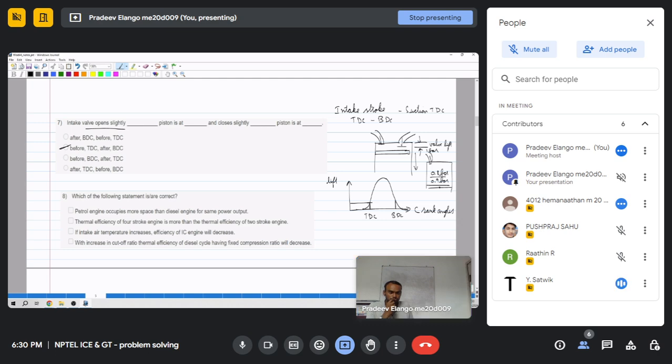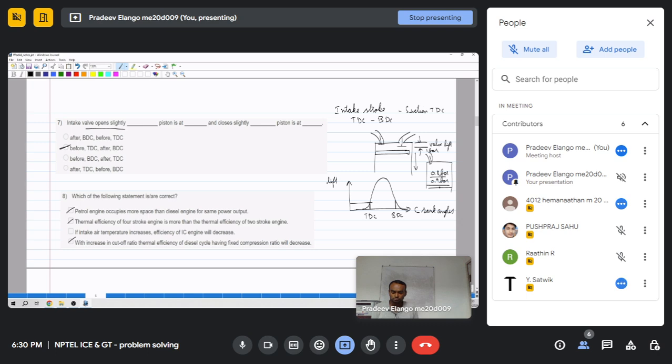So 1, 2, and 4. 1, 2, and 4. What do you say? How petrol engine occupies more space than diesel engine. Also, same operator to describe the offtake and the system state.